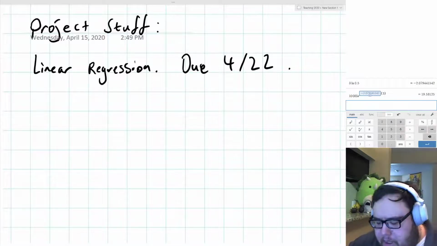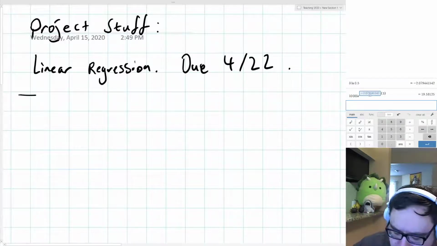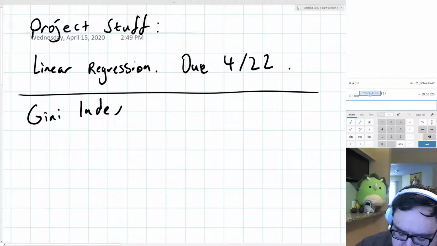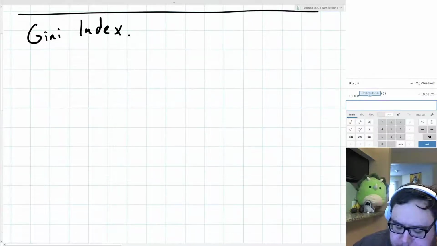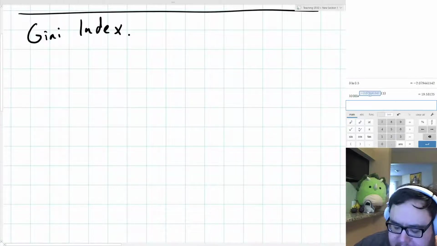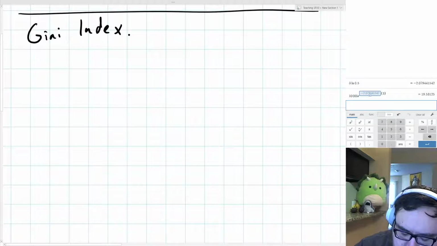The topic I want to discuss for this application of integration is called the Gini Index. The Gini Index is named after a statistician, I believe Corrado Gini, an Italian guy. And what it basically does is measure wealth inequality.